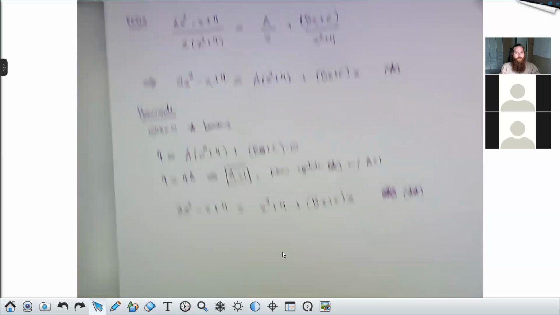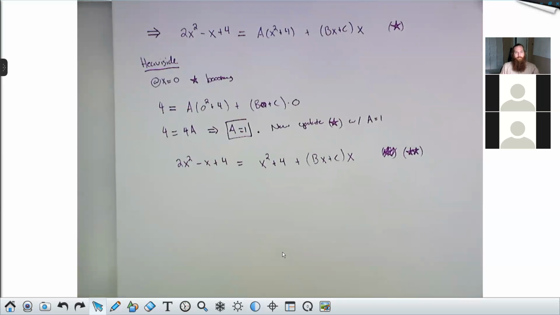So from here, we treat this like we were doing things last week. I multiply everything out, gather up my coefficients, set up a linear system. But having done Heaviside at the start, the linear system I'll get will be smaller because I already know the coefficient a. There's only 2 unknowns in this, b and c.